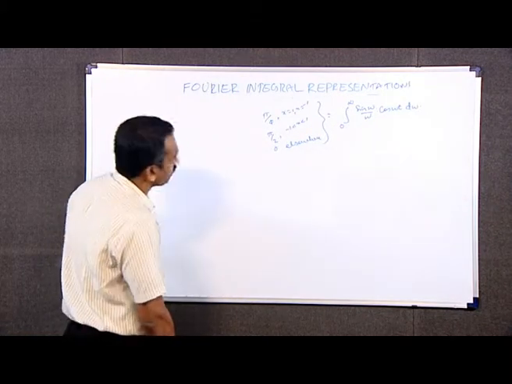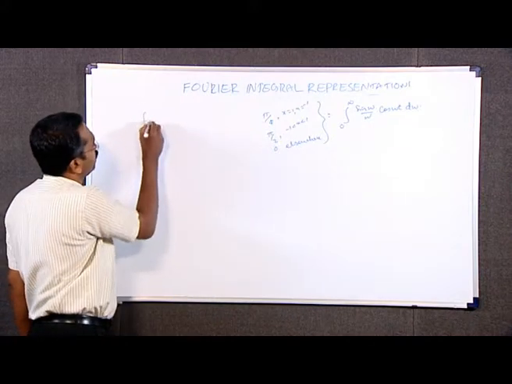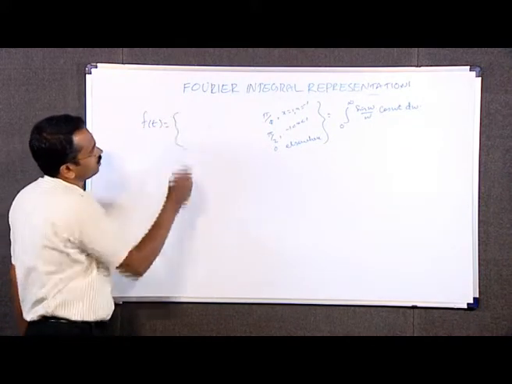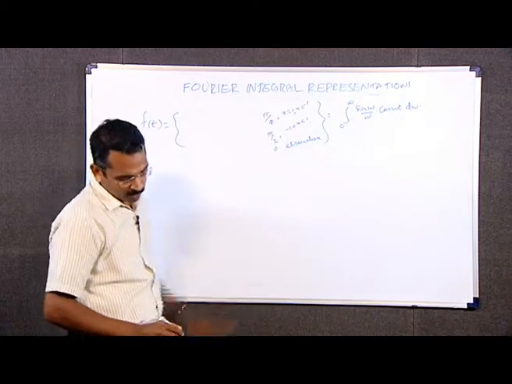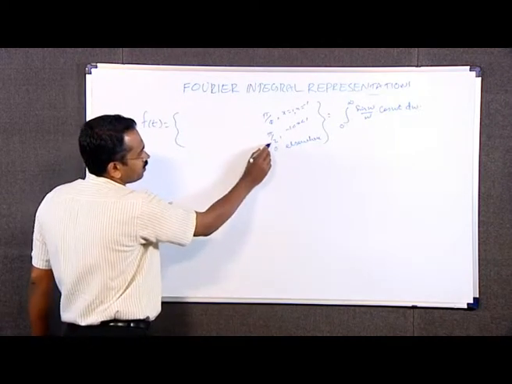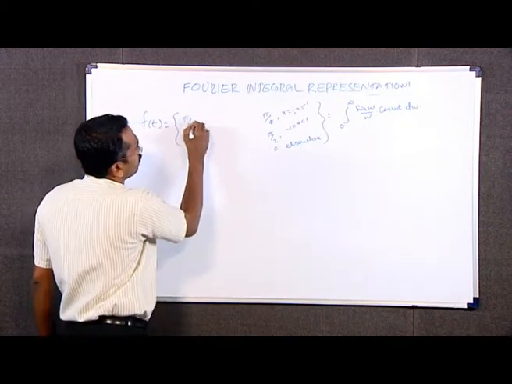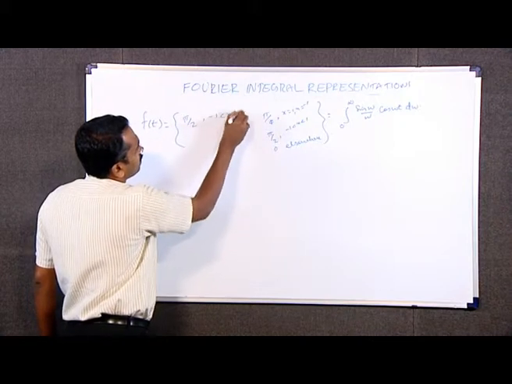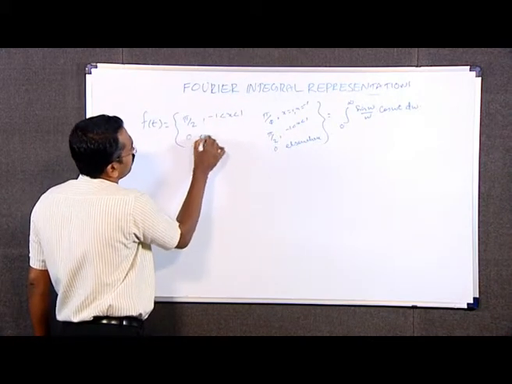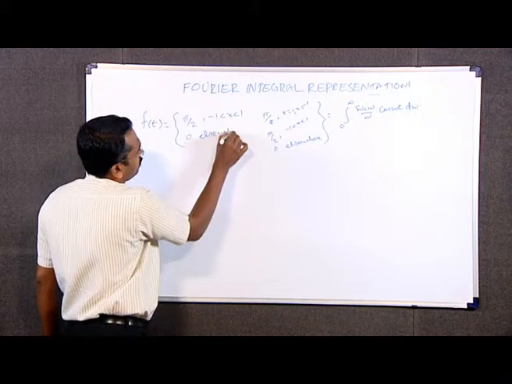Now, assume that f of t is equal to pi by 2 for minus 1 less than x less than 1 and 0 otherwise or elsewhere.